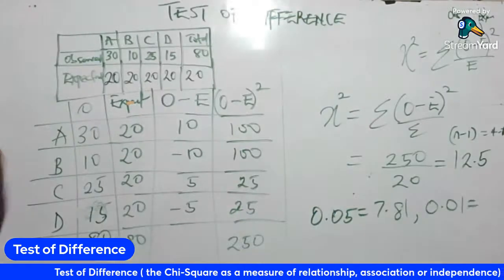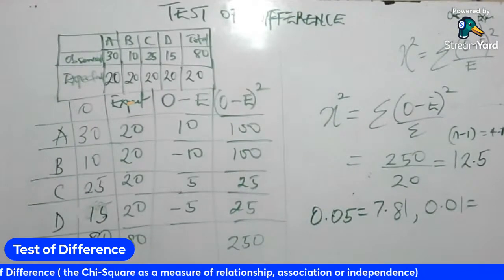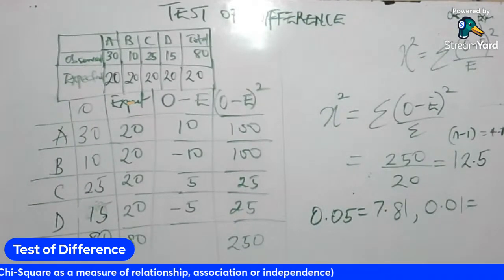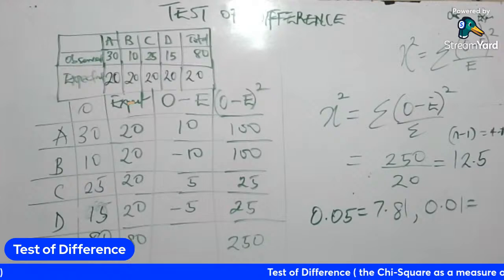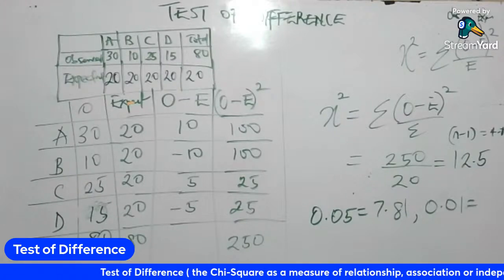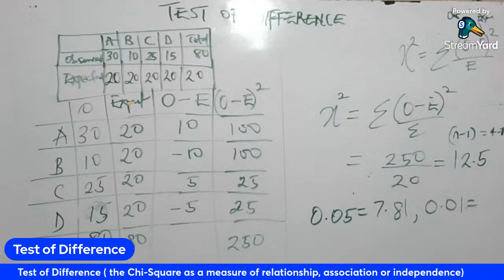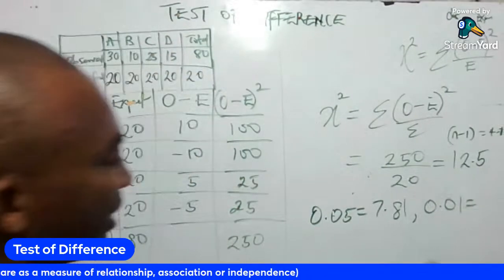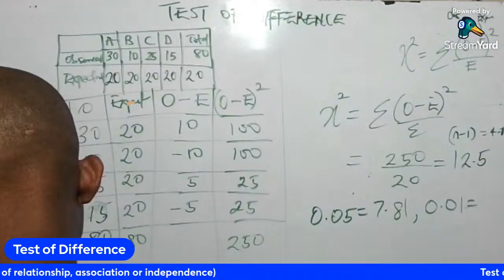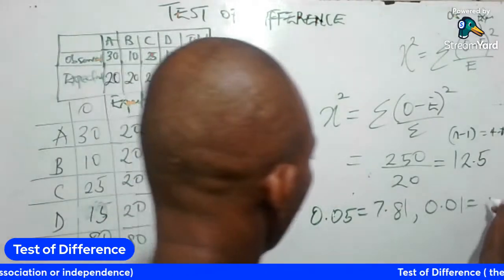So I'm checking this under 3. The chi-square under 0.05 will give me 7.81473, so I'm picking 7.81. For 0.01, that will give me 11.34.